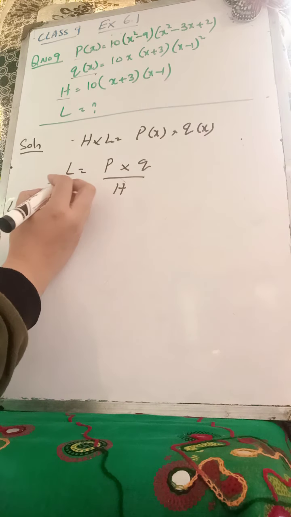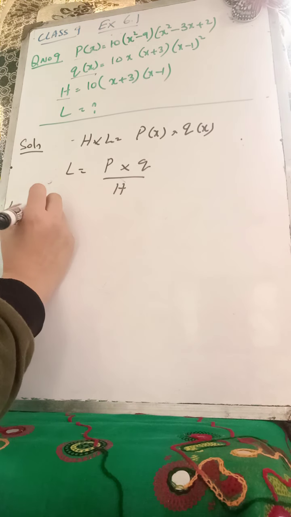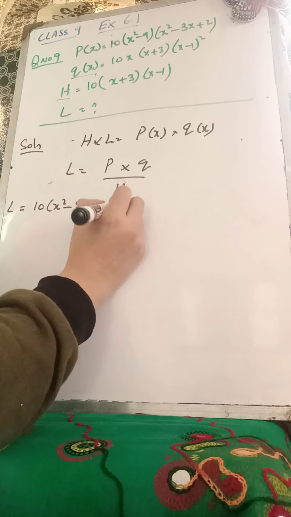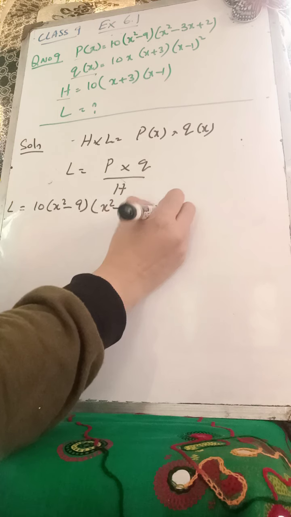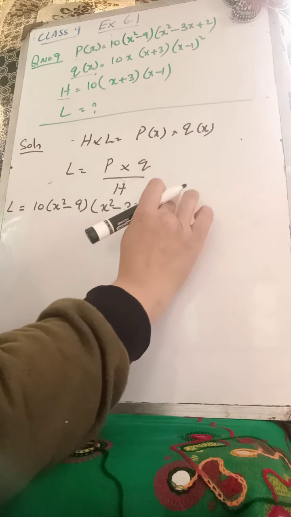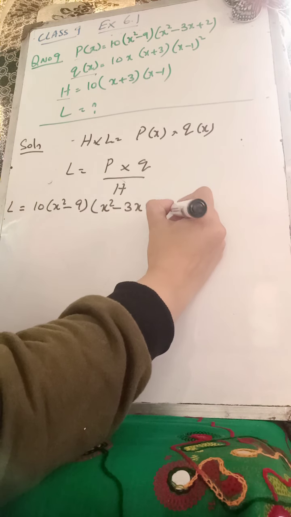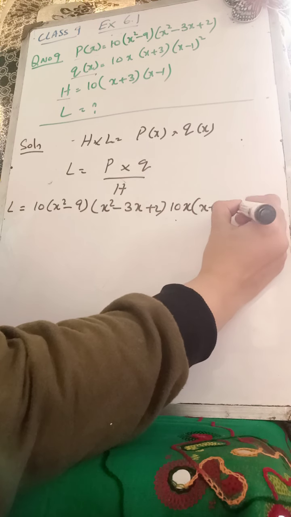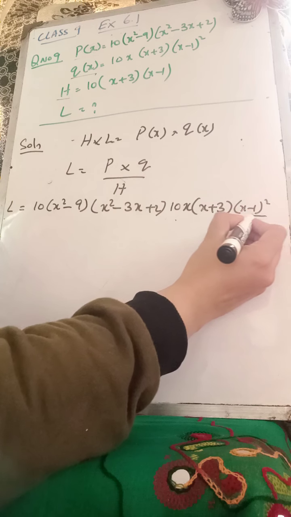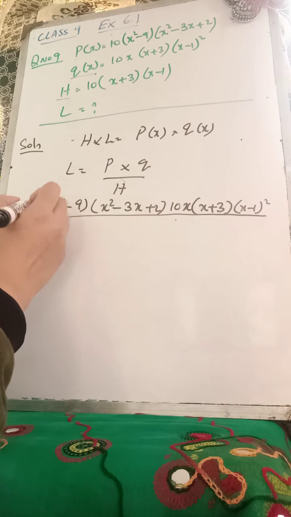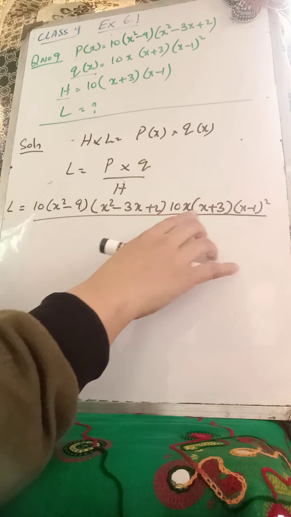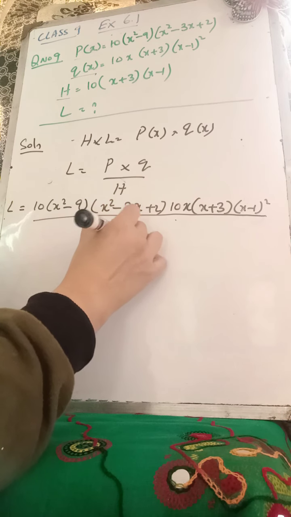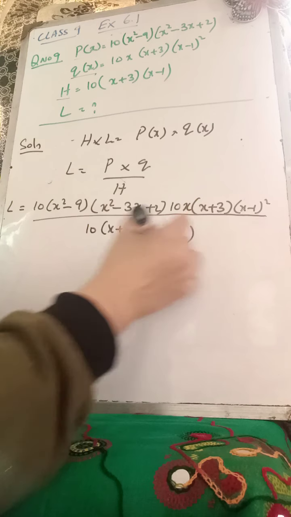L will be equal to P, which is 10 x square minus 9, and Q is 10x plus 3 x minus 1 whole square, over H.C.F, which is 10 x plus 3 and x minus 1.